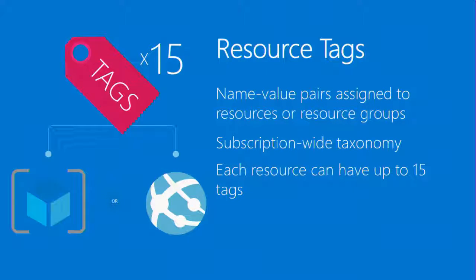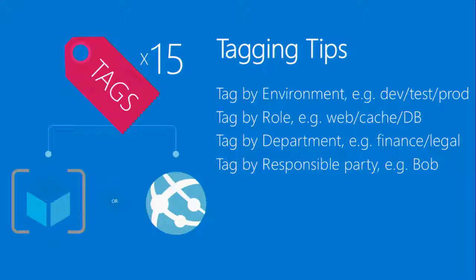You can use them for designating the resources belonging to the finance department, another resource belonging to the HR department. At the same time, those two resources are both tagged as development resources versus test resources versus production resources, and so on and so forth. And you can report on that later on. So an extremely flexible tagging system, effectively.